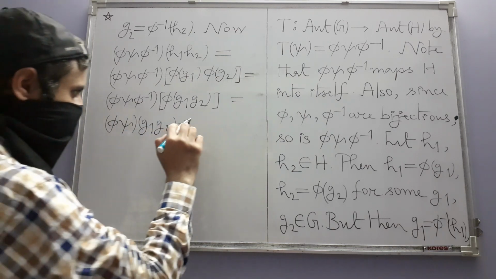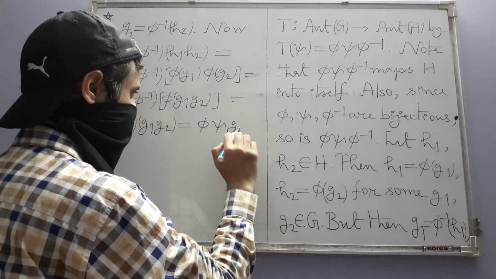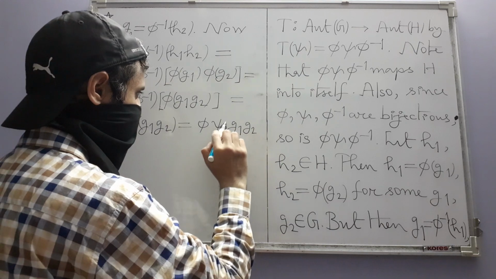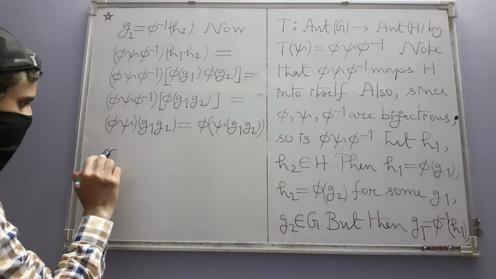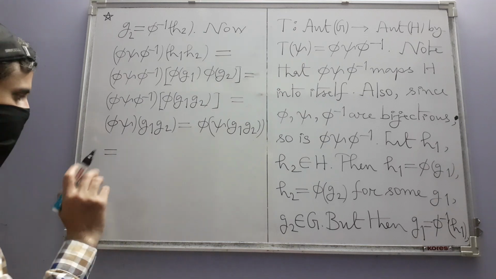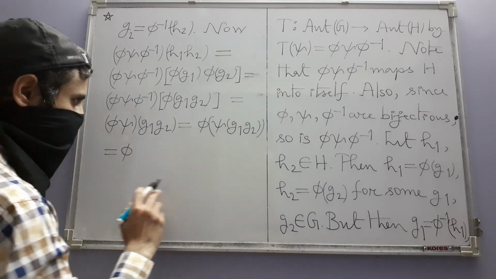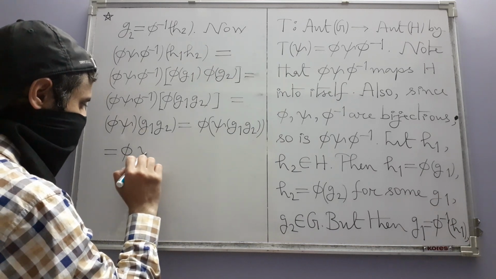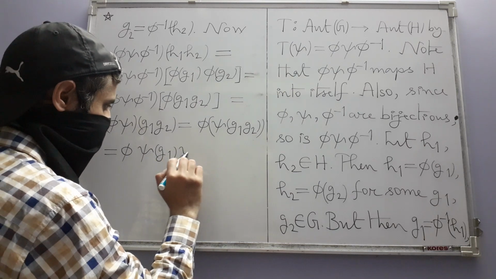But then by the definition of composition, this is what? G1, G2. Because psi is an isomorphism, psi is an automorphism but an isomorphism also, we have this.